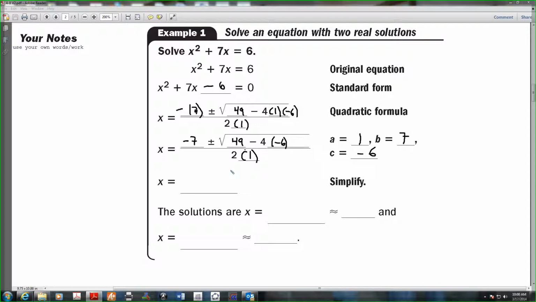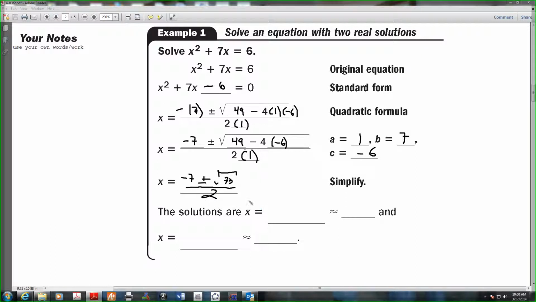Then we just solve here. You can do this mentally: negative 4 times negative 6 is 24, and then 24 plus 49 should give you 73. So we have negative 7 plus or minus square root of 73, all over 2.